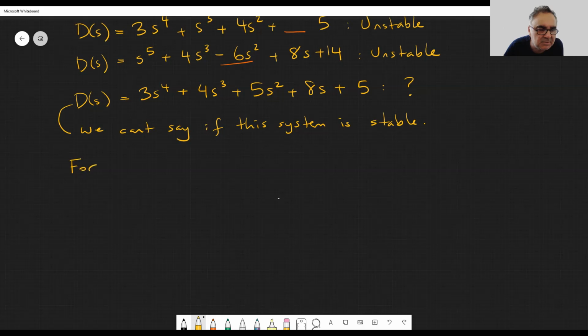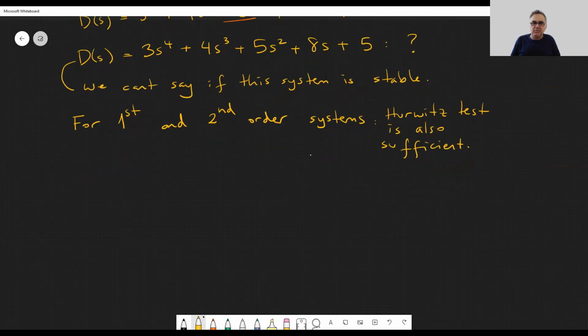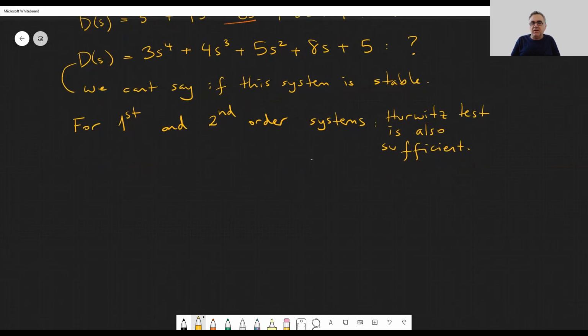For first and second order systems, the Hurwitz test is also sufficient, which means that first and second order systems are stable if all the coefficients are positive.